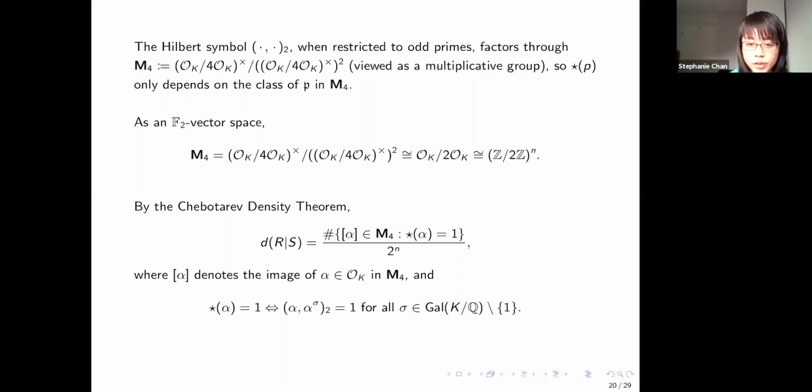So now we only have to count the number of classes in M4 that satisfy the property star, and the density would be this quantity divided by 2 to the n. So we are now just looking at 2 to the n classes and checking if they satisfy the Hilbert symbol condition for all non-trivial sigma.